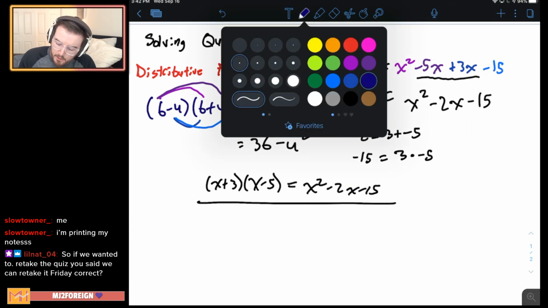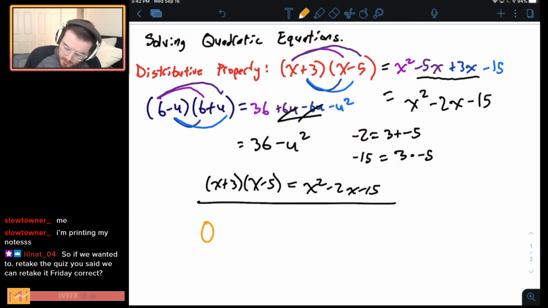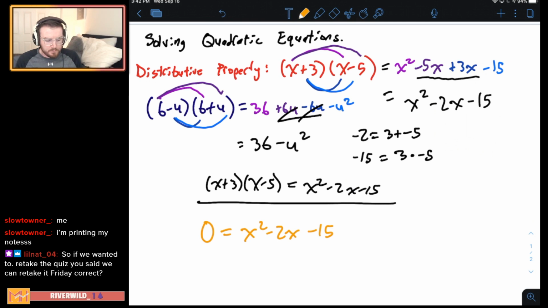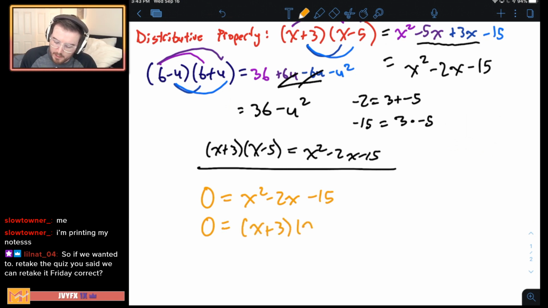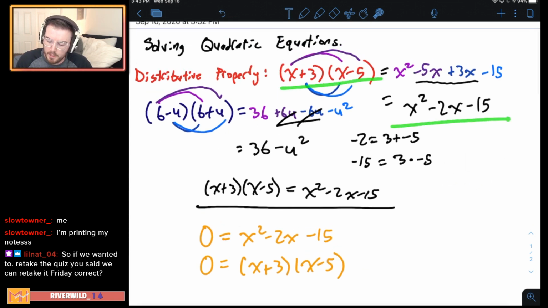Well, what if I gave you the equation 0 equals x squared minus 2x minus 15? What if I gave you that right there? Well, I could rewrite this as x plus 3 times x minus 5, could I not? These two things are equal. We just proved that up here, so to speak.